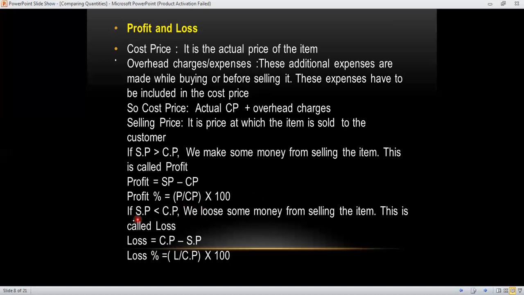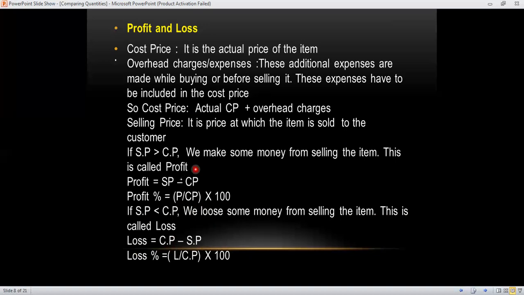Here P is profit. If SP is smaller than CP, we lose some money from selling the item. This is called loss. Loss is equal to CP minus SP. Loss percentage is equal to L upon CP into 100.